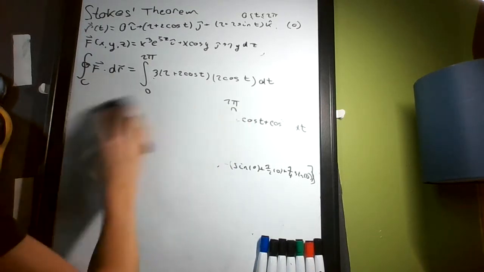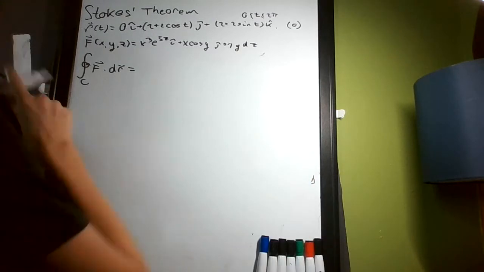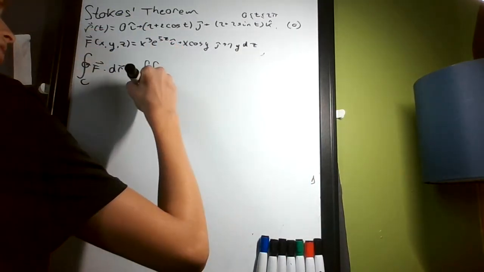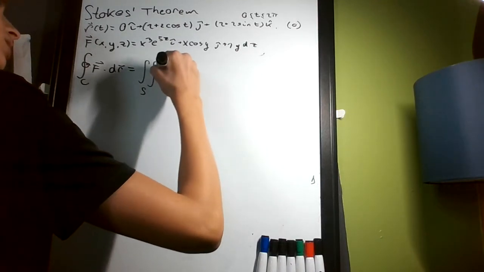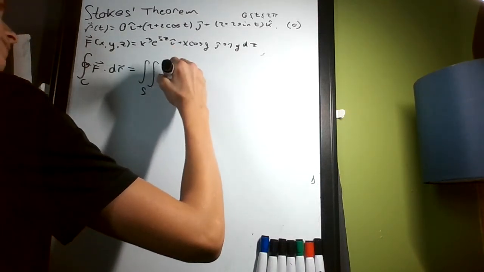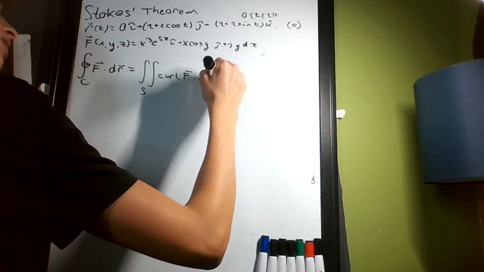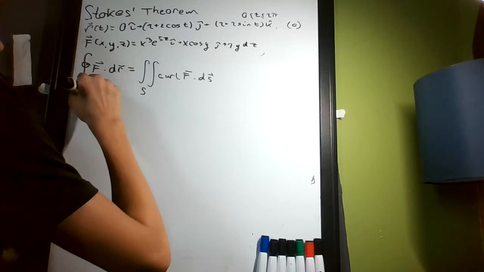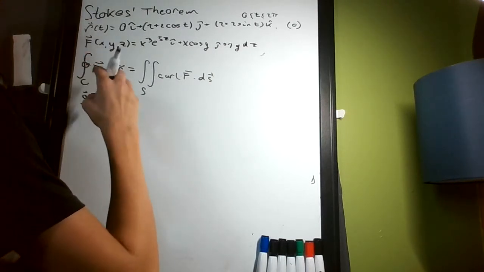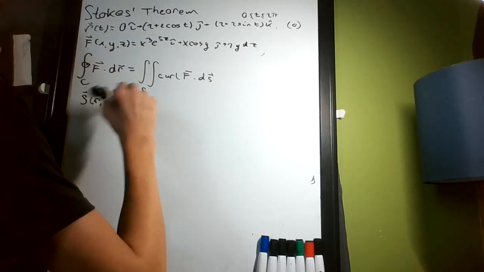Now, using Stokes Theorem, we can say that this is actually going to be equal to the surface integral over S of curl F dS. Okay, so what's S going to be? S of r and t. I'm going to put it in terms of r and t, and you'll see why.